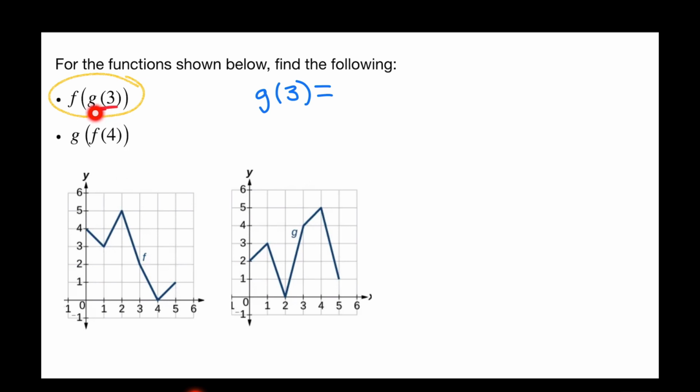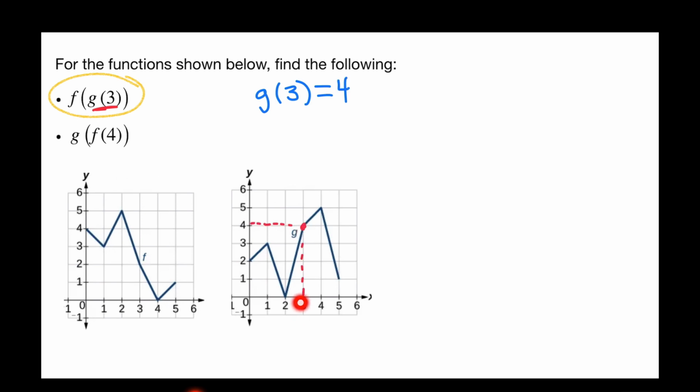To do this problem, we're going to start with the inside and work our way out. So we start by finding g of 3. What is the output for function g when x is 3? I'm going to go to my graph of g, find x equals 3, and figure out what the output, or the y value, is.